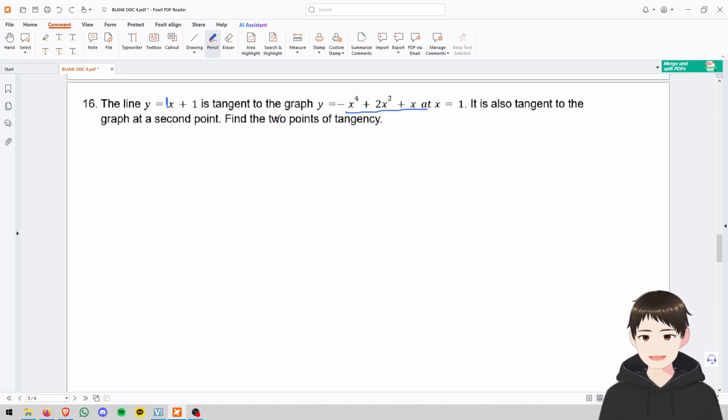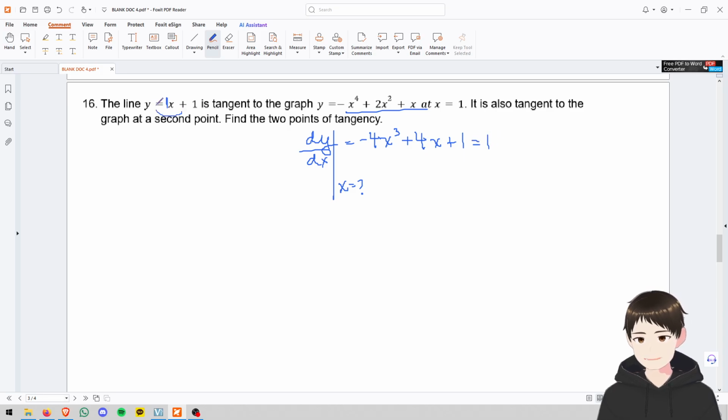I need to find that second point. X equals 1 is one of them. What's the second one? Okay, let's break this down. Firstly, the derivative dy over dx equals negative 4x cubed plus 4x plus 1. The slope, when x equals something, the slope has to equal 1 because the tangent line is 1x plus 1.